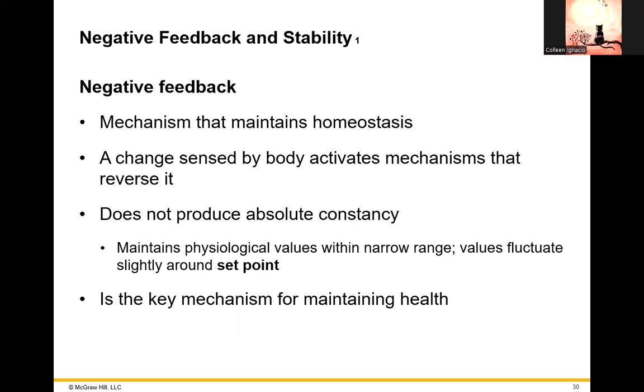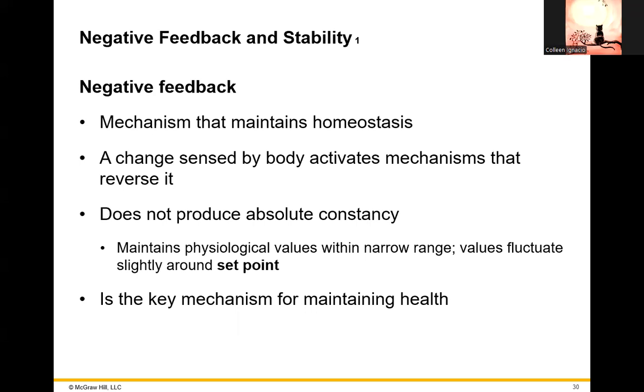So this is a change that's sensed by the body, and then it activates mechanisms that can reverse it. So it doesn't produce an absolute constancy. It's constantly working and constantly being tweaked and fine-tuned and constantly looking at the variables or what's going on in the body.